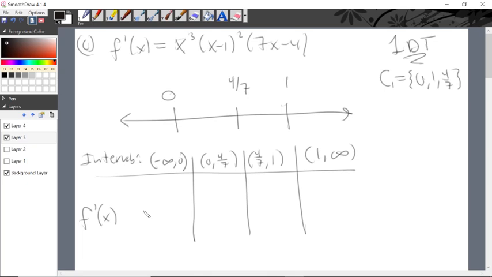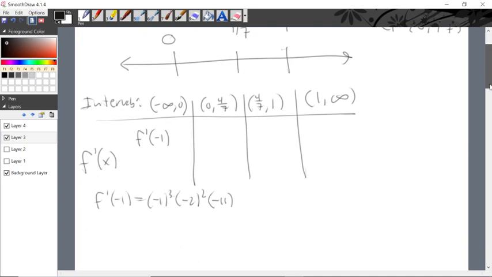So let's take f prime of, let's say, -1. What is f prime of -1 going to be? F prime of -1 is -1 cubed times -2 squared times -7 minus 4, which is -11.